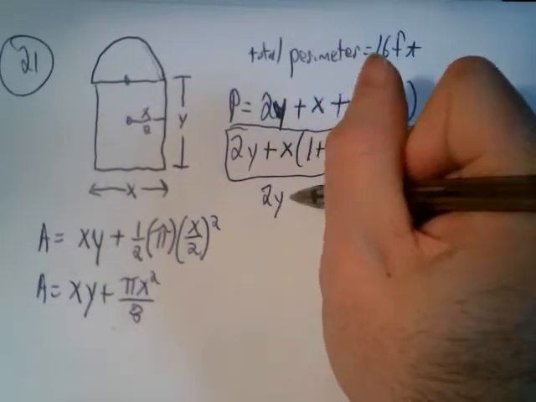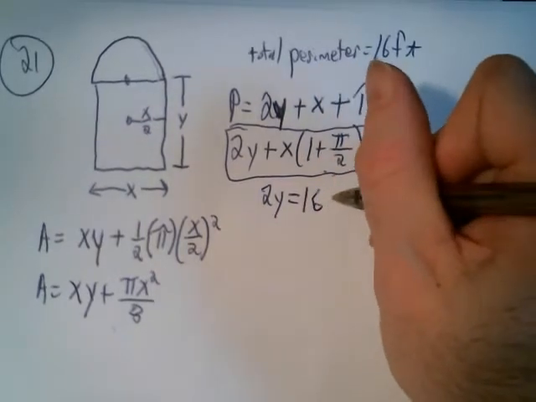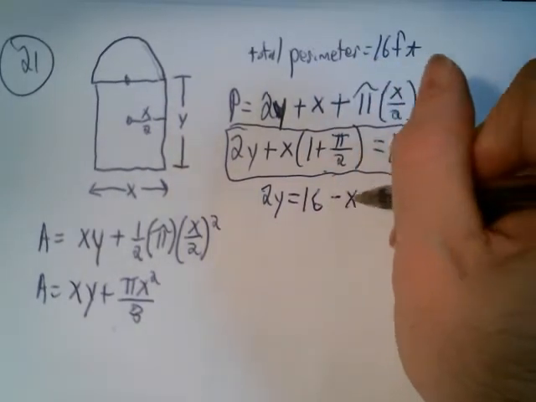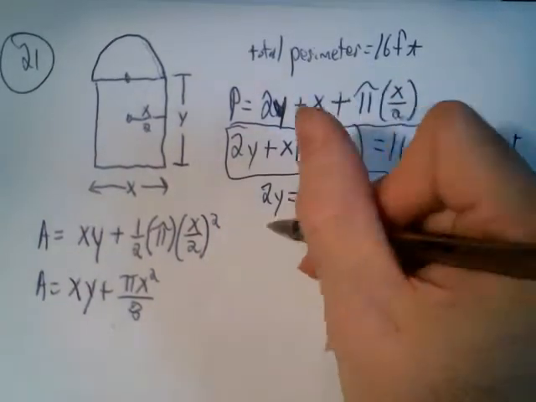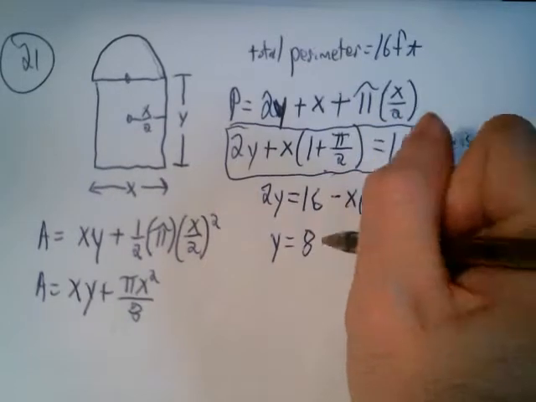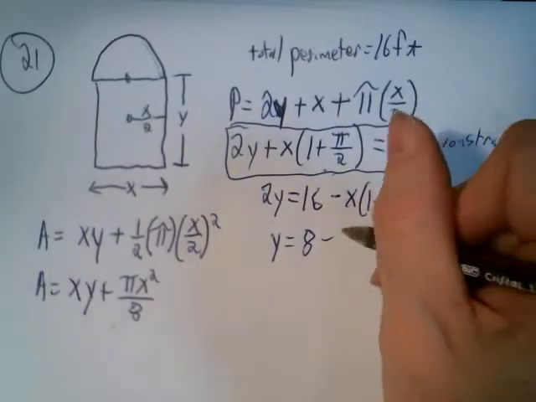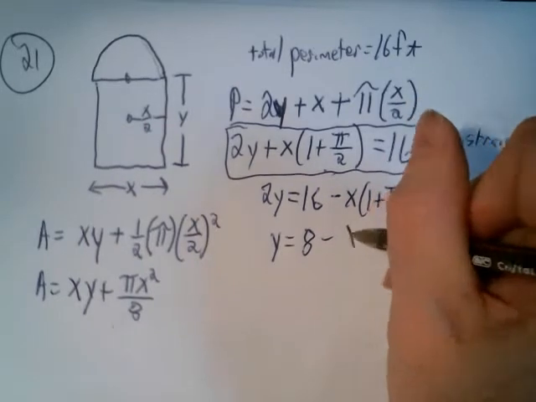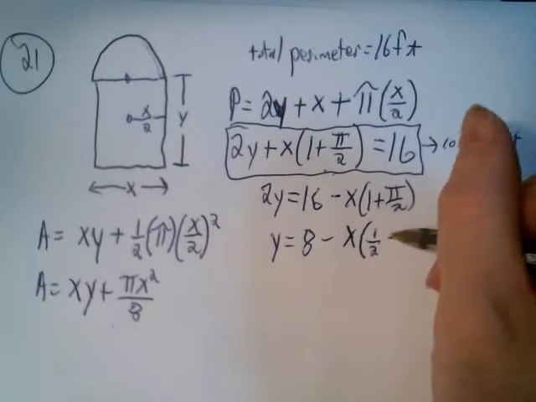That'll be a little easier. So 2y equals 16 minus x times 1 plus pi over 2. Divide everything by 2, and you get y is 8 minus x over 2 times 1 plus pi over 2. I'm just going to distribute that 1/2 through, and I'll have 1/2 plus pi over 4.